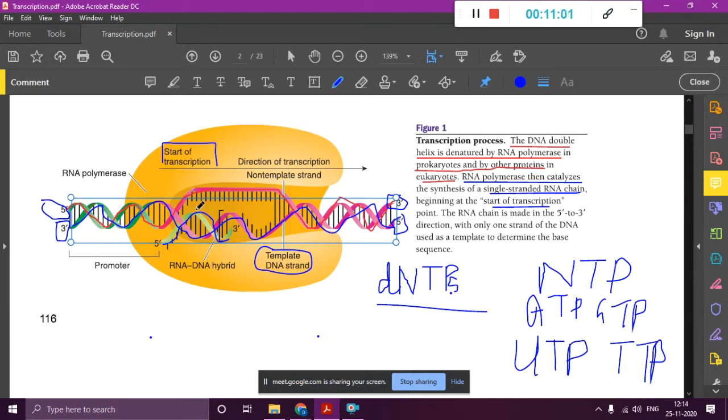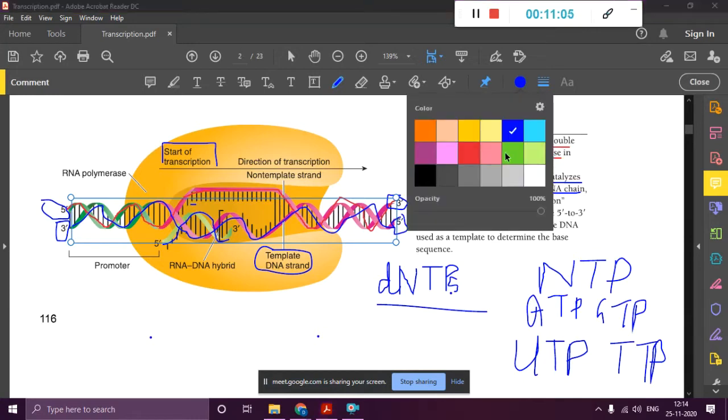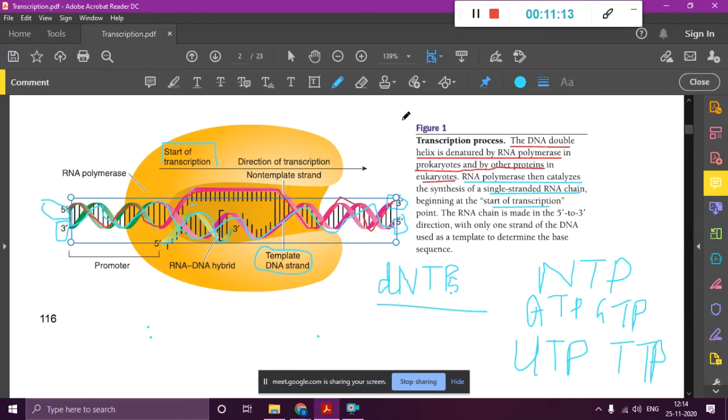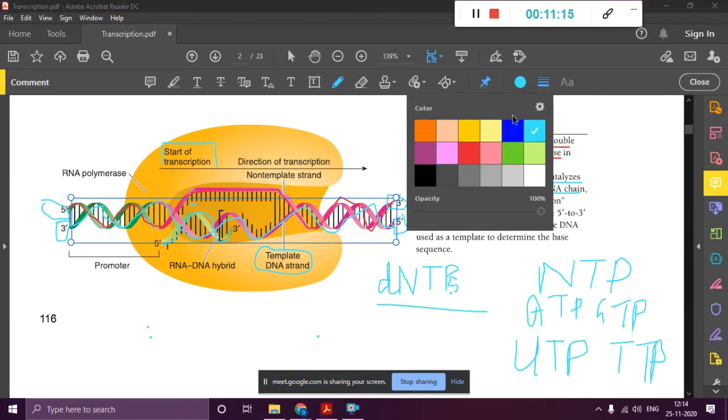And this particular, let me change the color into something different. Let me make it into, say, light blue. This color has been taken now. Let's make it this color.